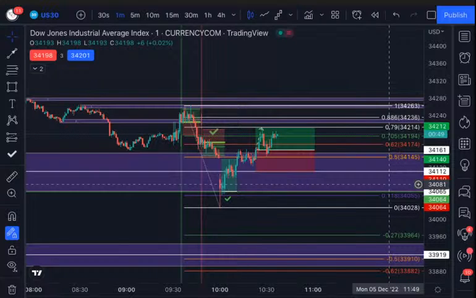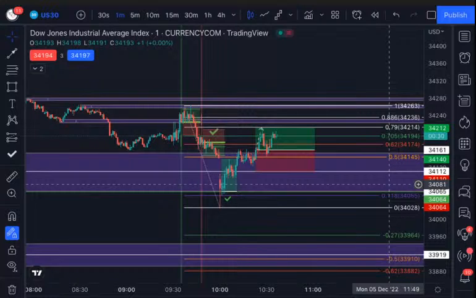Remember I was telling you before how sometimes price breaks the 50, retraces off the 50 and pushes in the opposite direction or continues in that direction, right?